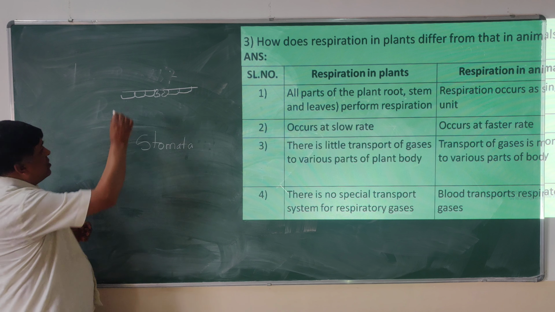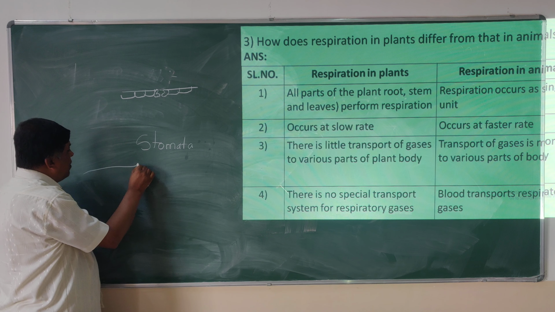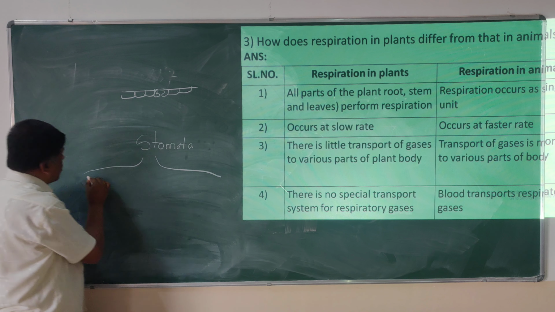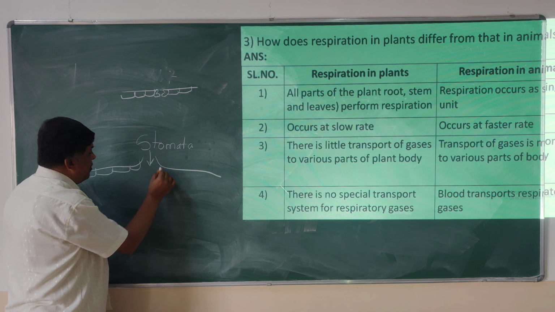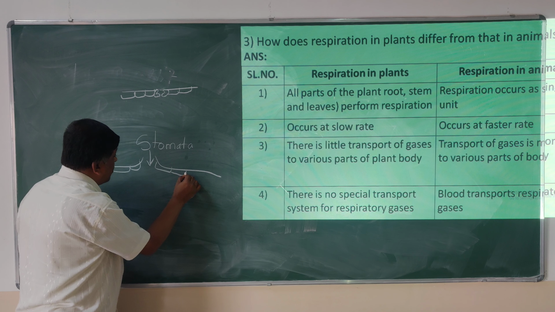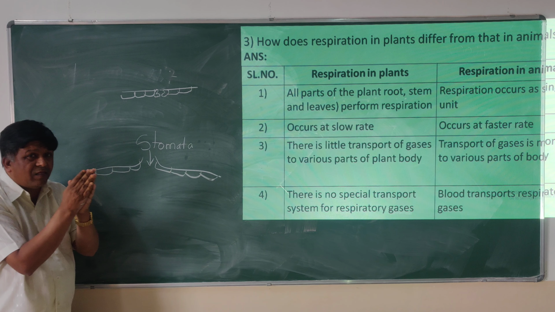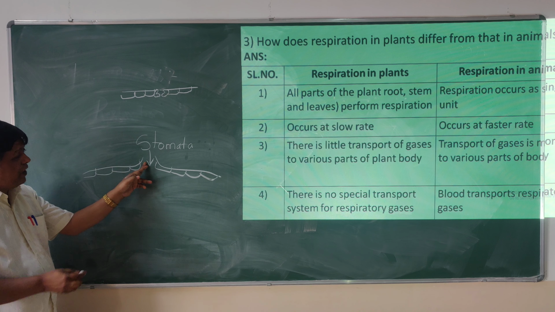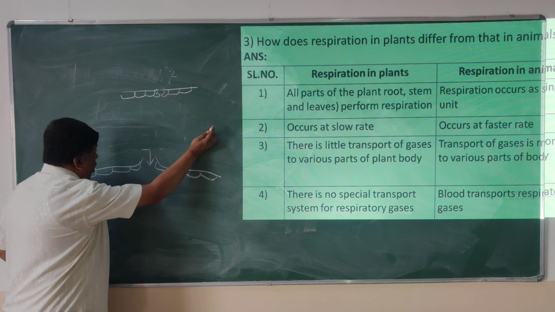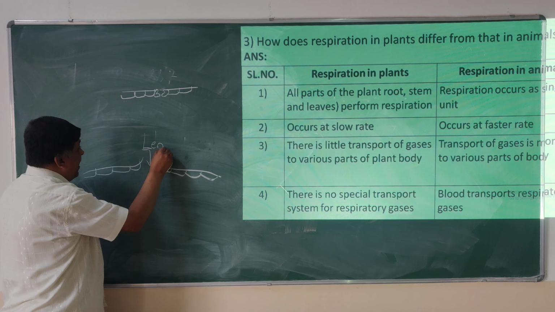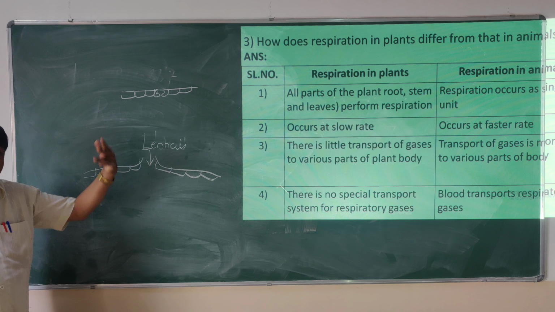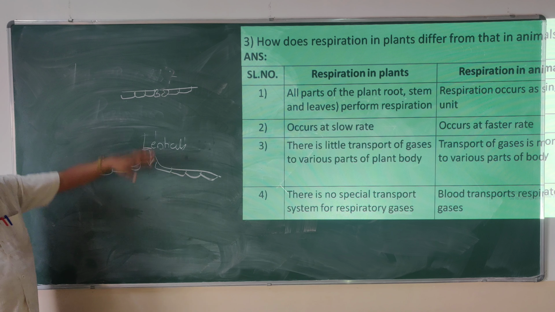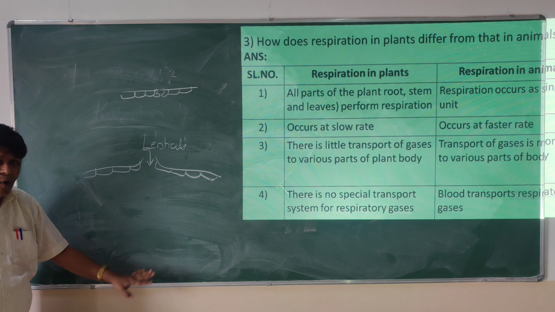Likewise, there are structures in the epidermis called lenticels. After the plant grows, the epidermis ruptures, and the structure formed there is called lenticels. Through these lenticels, the plant can exchange gases. So these are present throughout the body.